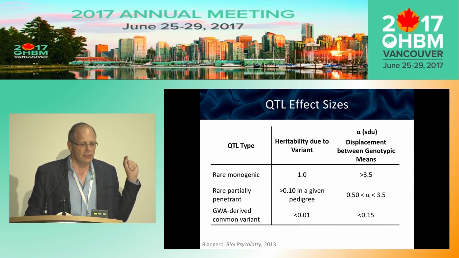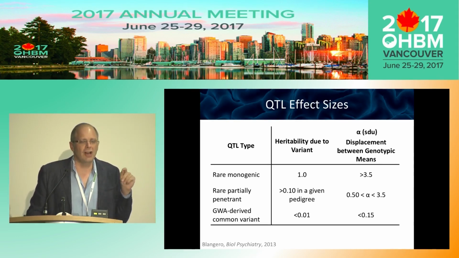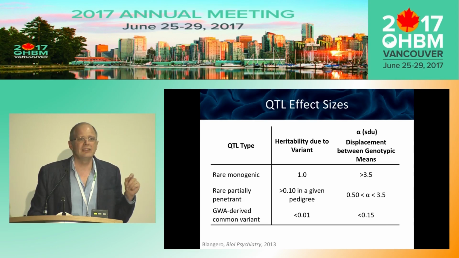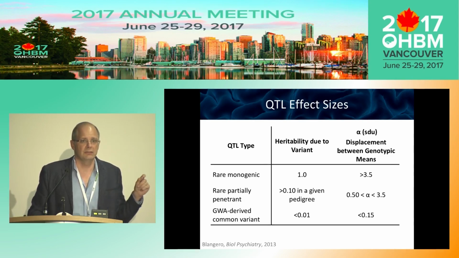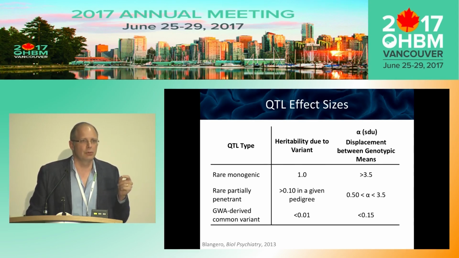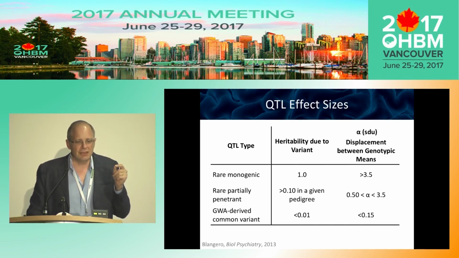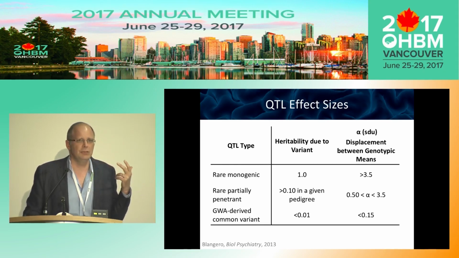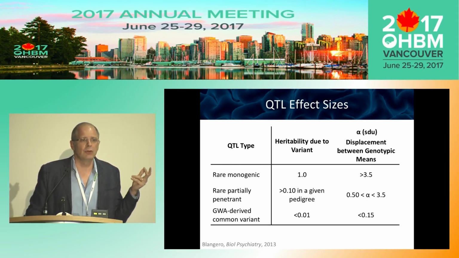On the other end, you have GWAS-derived or common variants that we're looking for. There, for any specific variant, you're explaining very little of the total heritability of the trait, often less than 0.01%. And the mean displacement associated with them, or in this case, effect sizes, much as JB was showing us before, is often relatively small.